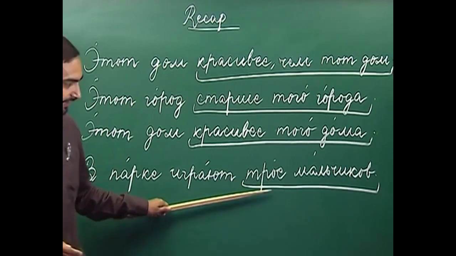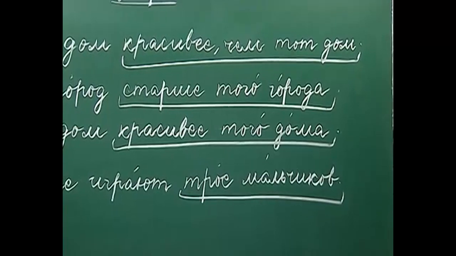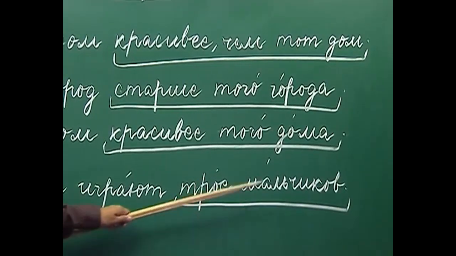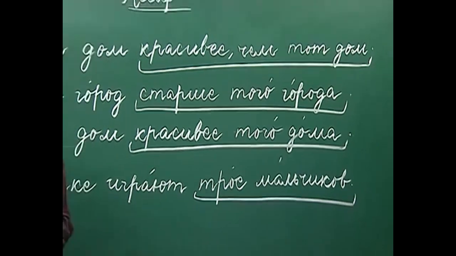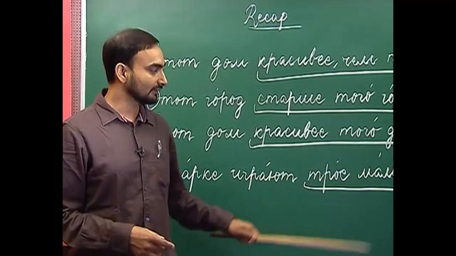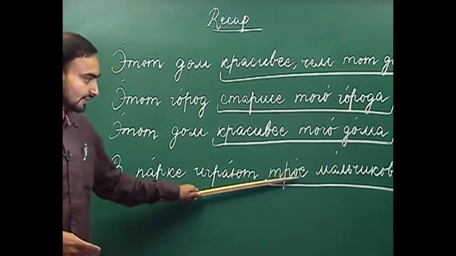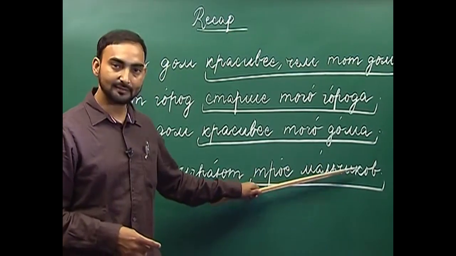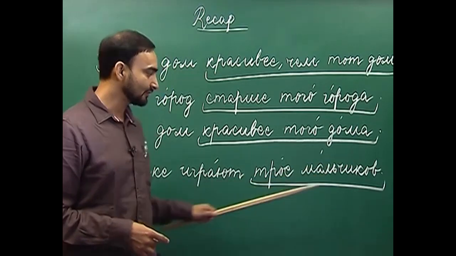Here трое is the collective numeral which is derived from the cardinal number 3, and I have told you that with the collective numerals only masculine animate nouns can be used, in the form of genitive plural. So, here as you can see, мальчик is being used in the genitive plural form мальчиков with the collective numeral трое.